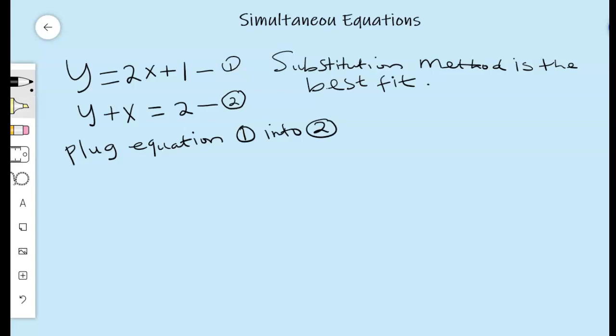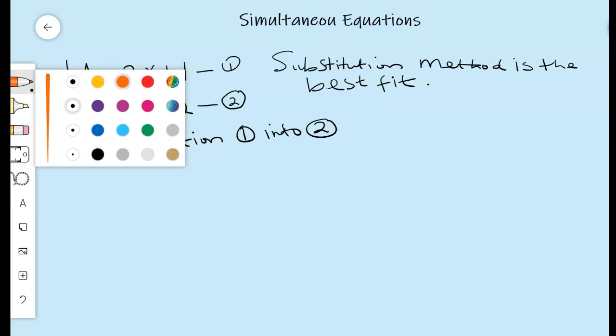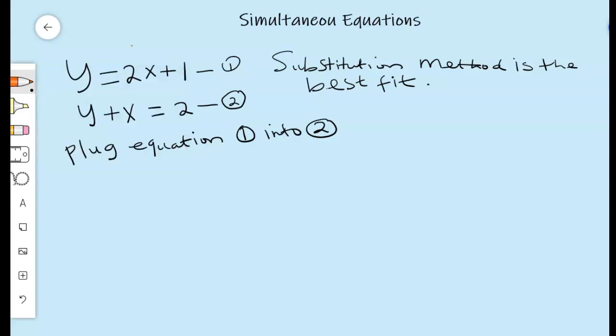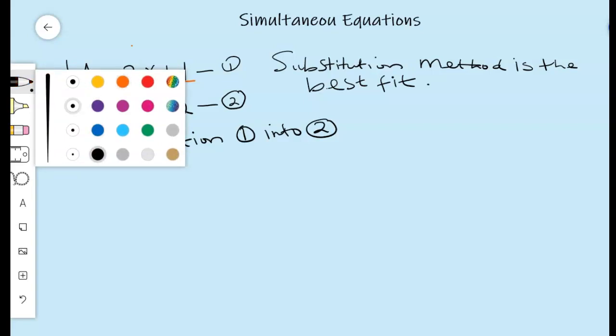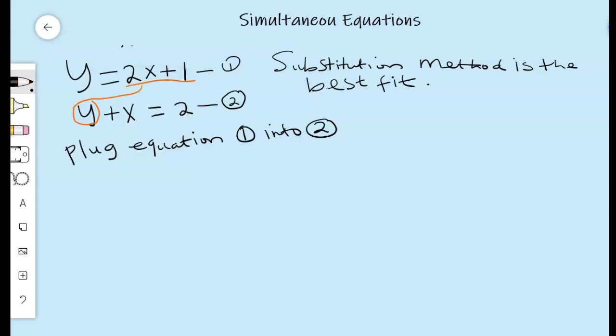The whole of this one here, we're going to replace it right here. If we do that, then we are going to get 2x plus 1, and this one is already there, so plus x equals 2.